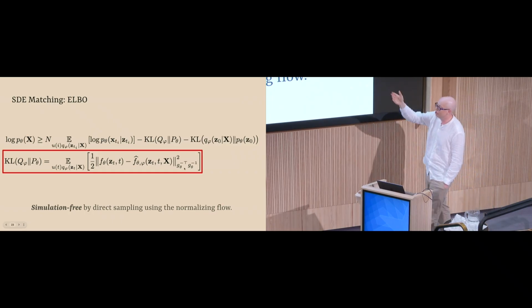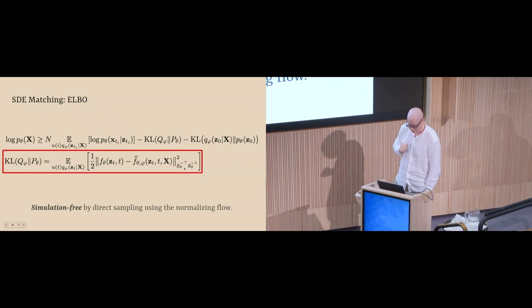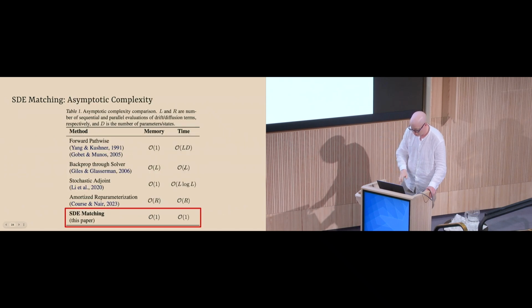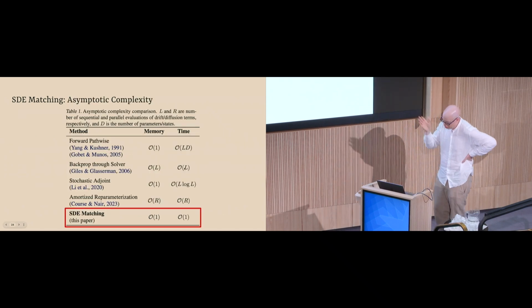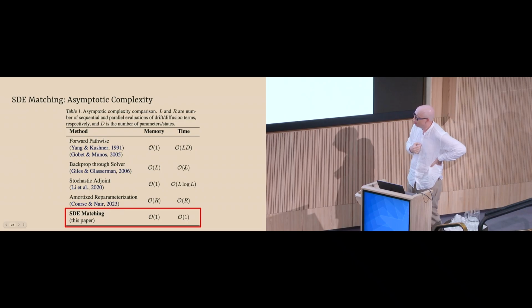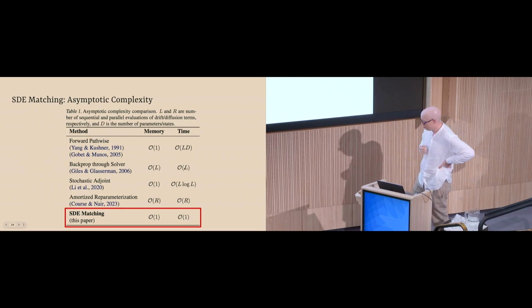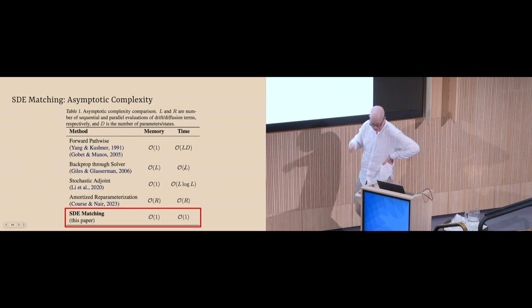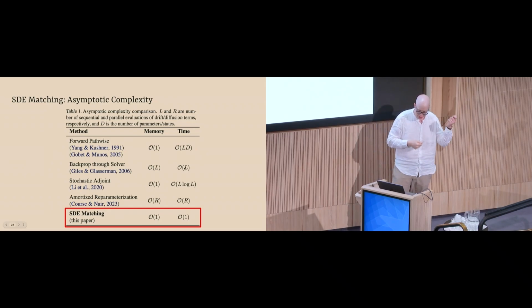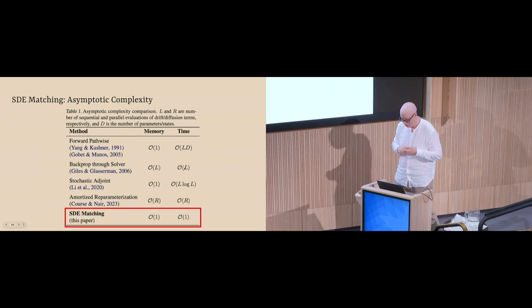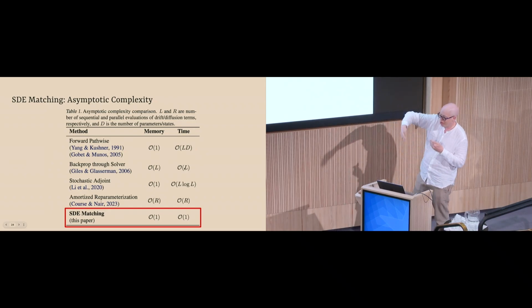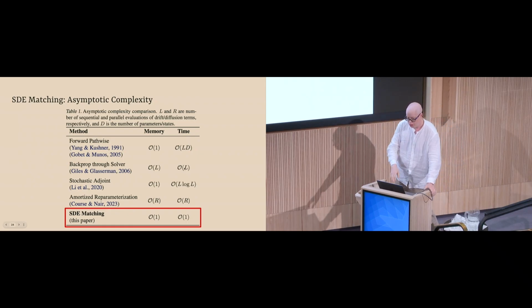We directly target the continuous evidence lower bound, just using this technique where we sample a random time and then the normalizing flow. So it turns out for every gradient update, we really only need a single sample of the Gaussian noise and a single sample at any time slice, right?